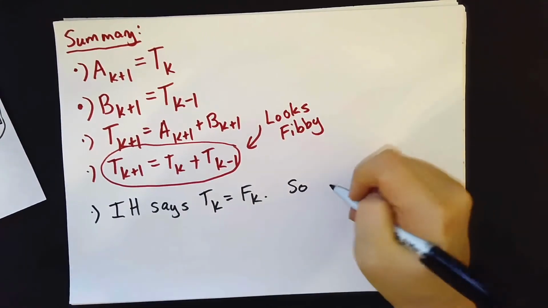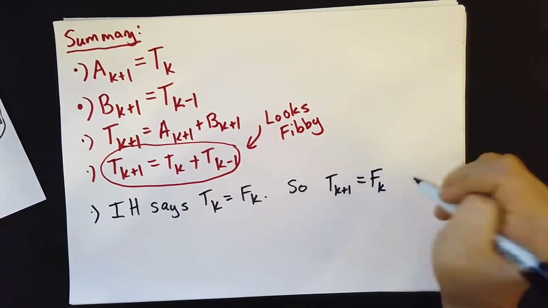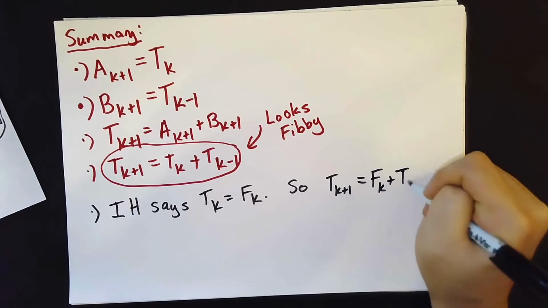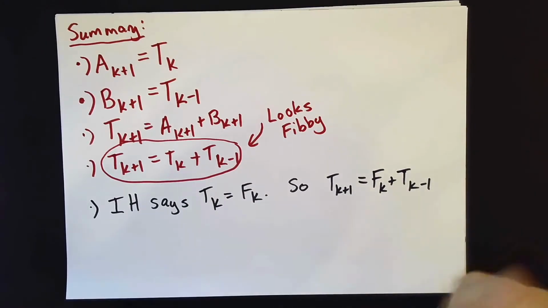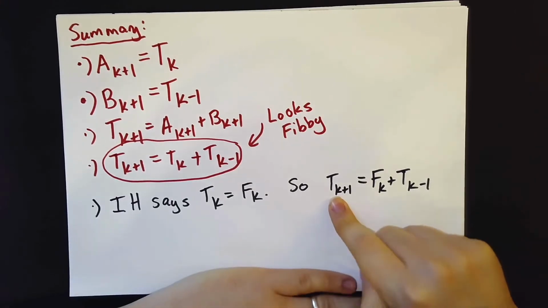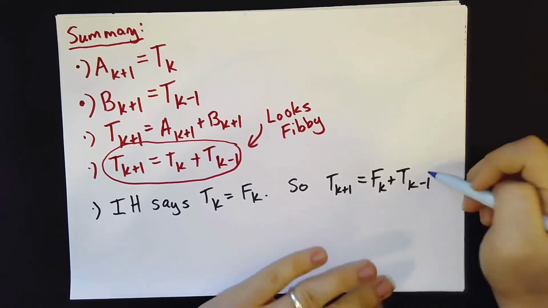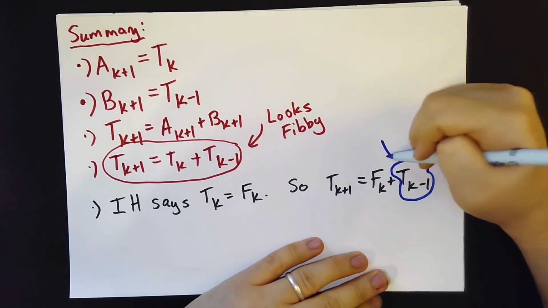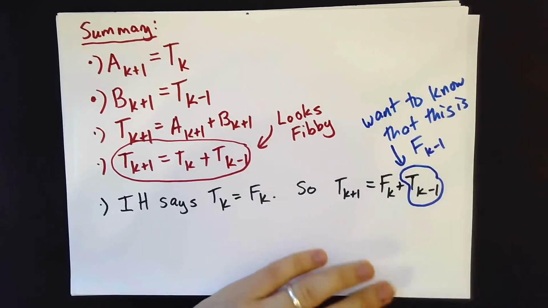So in other words, it says t sub k plus 1 is f sub k plus t sub k minus 1. And what we want to prove is that this t sub k plus 1 is equal to f sub k plus 1. And if you're following all of this, you can probably see what we'd need. Namely, I really want to know that this is f sub k minus 1.